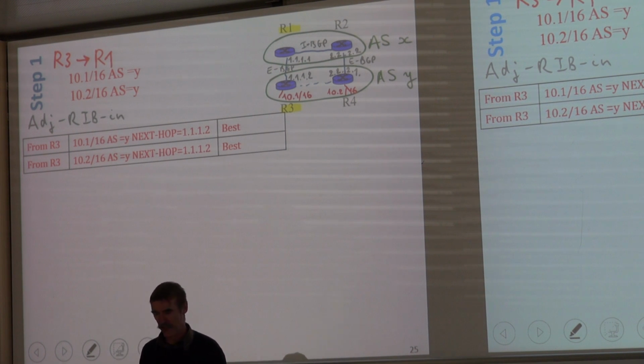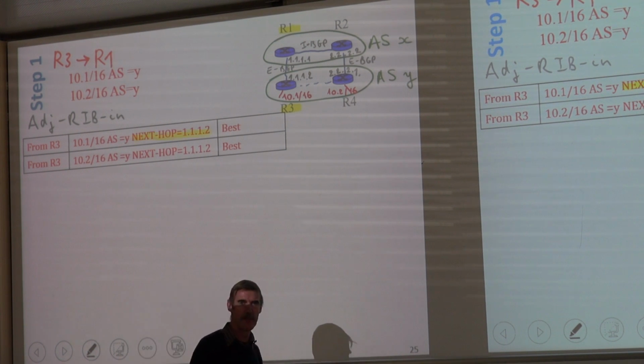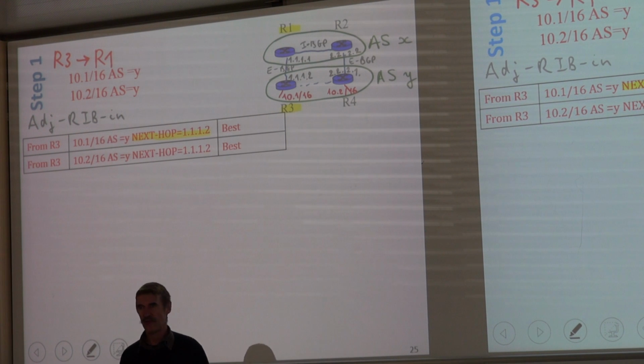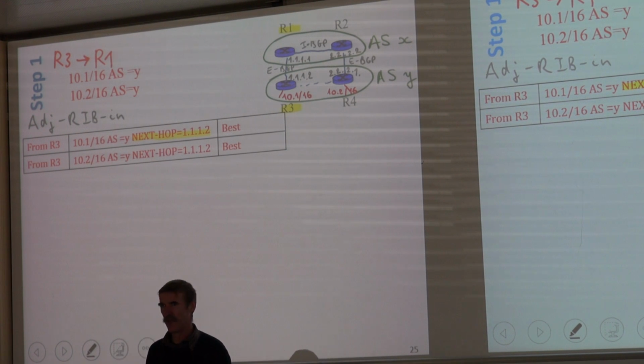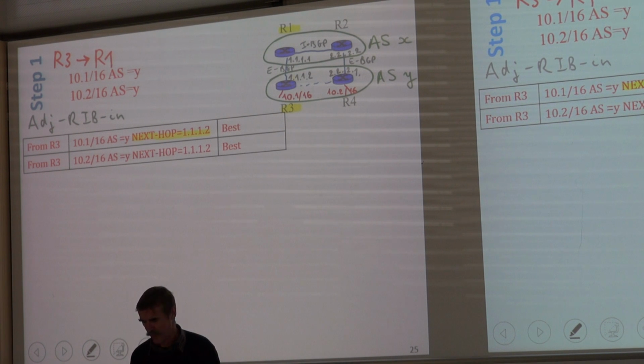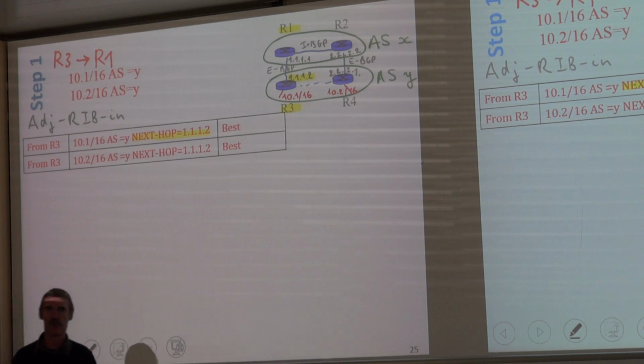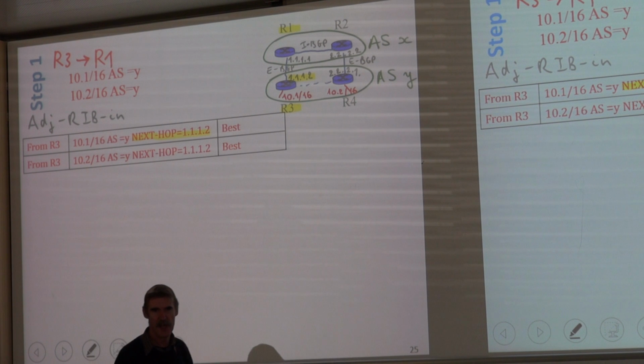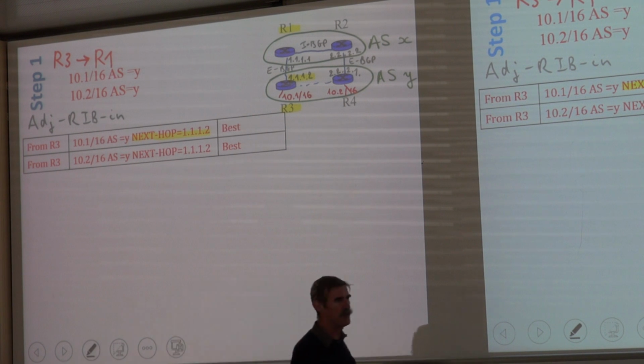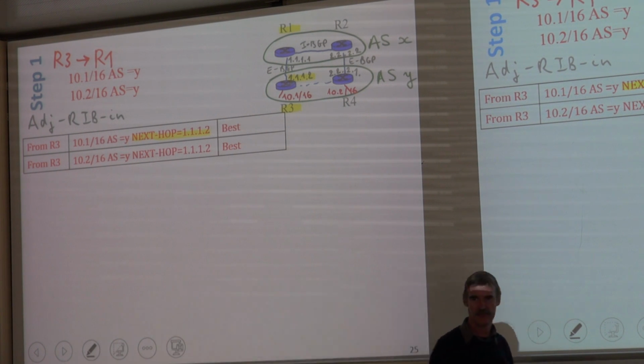It will add the next hop attribute. What is the next hop? The next hop is an IP address that I can use to route if I adopt this route. So this route comes from R3, so the next hop is in fact the IP address of R3, which from the viewpoint of the domain X has to be considered as an internal address.